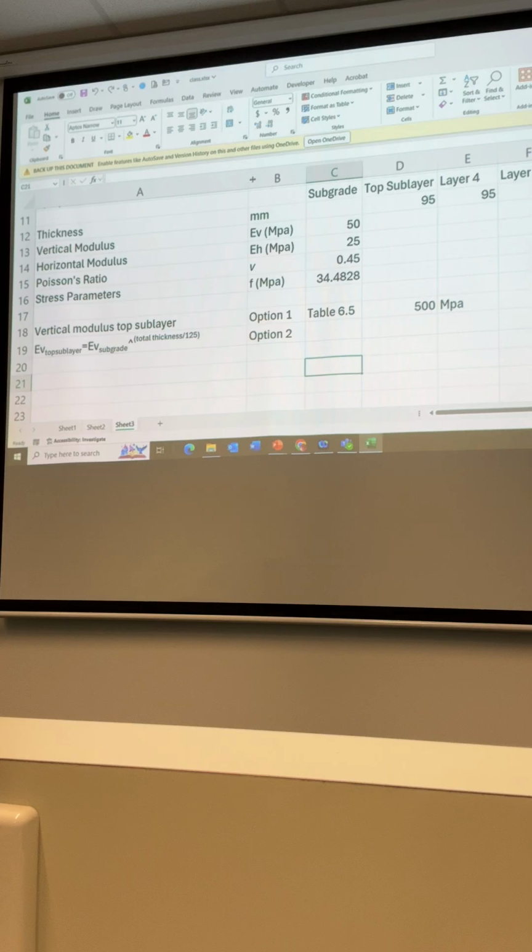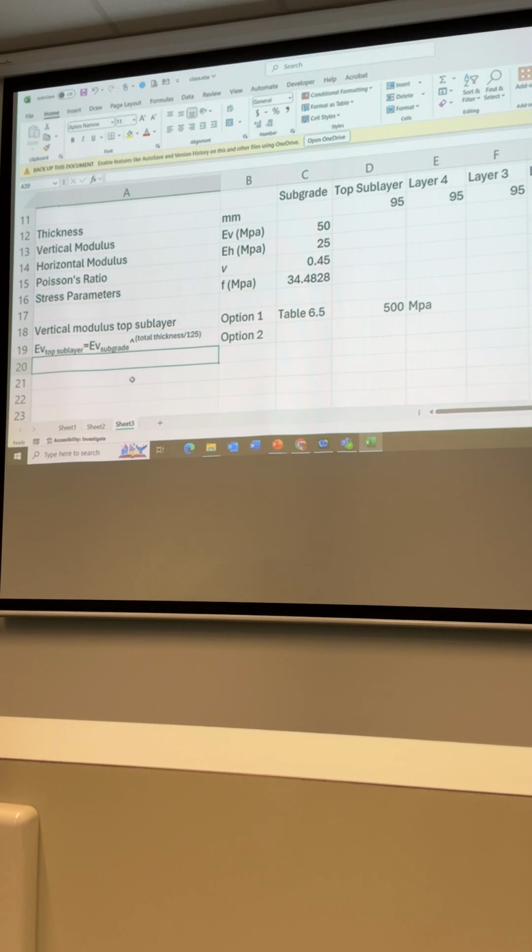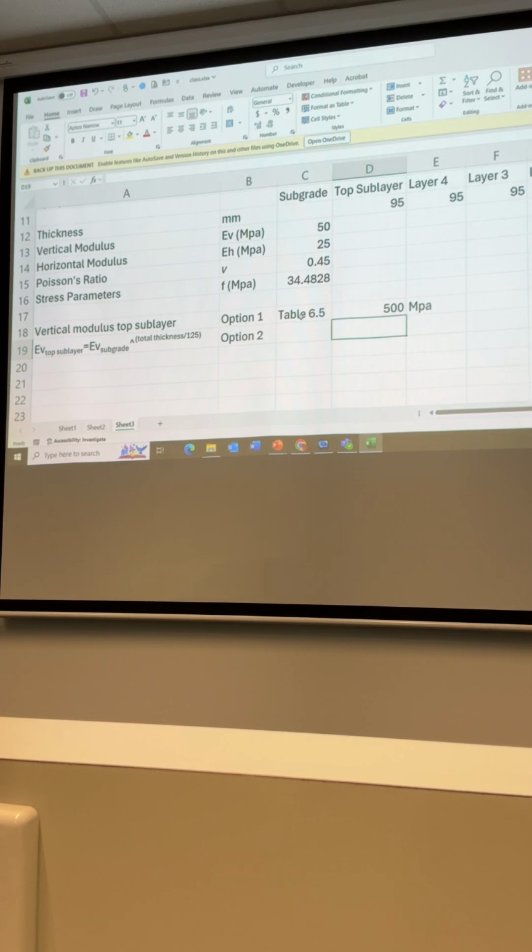Okay. So if I use that formula, I'm going to say that the EV of the top sublayer is the EV of the subgrade to the power of the total thickness, which is 475 divided by 125.